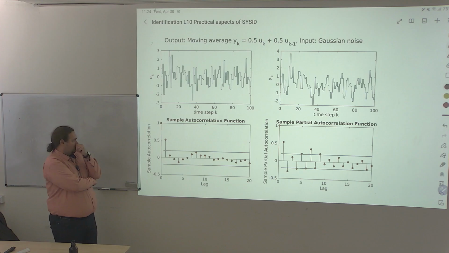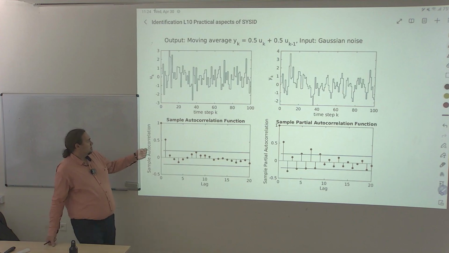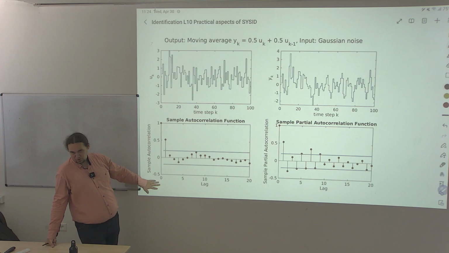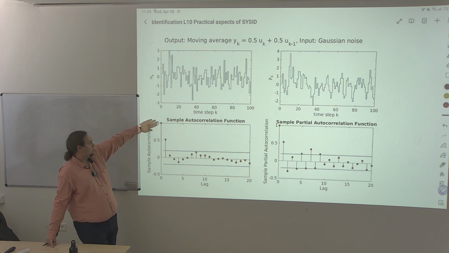What happens here? The autocorrelation function, if we don't shift the signal, the correlation of the signal with itself is again 1. This will always be 1. It will be normed there. We have only one significant value shown here.